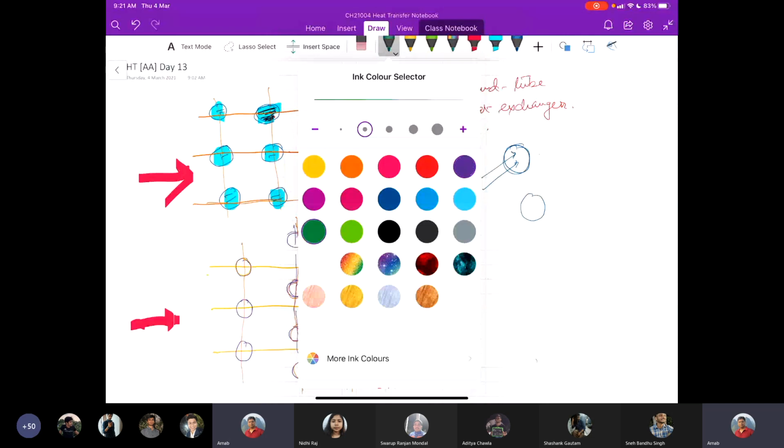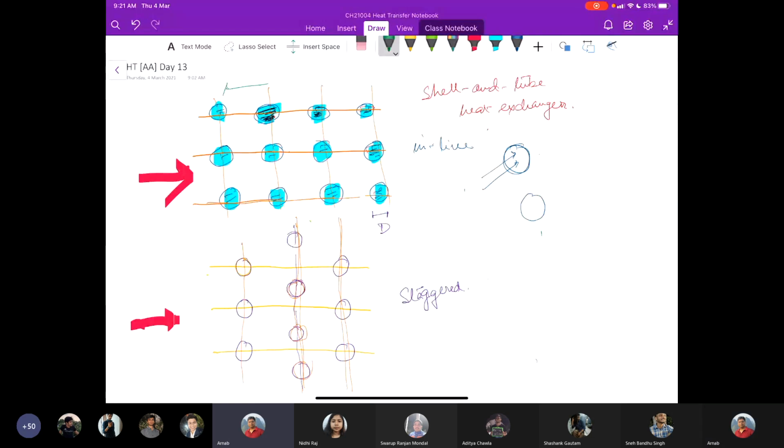One of them is the distance between these two columns, the space, also the pitch in the longitudinal direction, SL. Then there is the transverse direction, and the distance there is ST. Say the flow area, if I define this one as A1 exactly at the entrance, and in between the tubes it is AT.